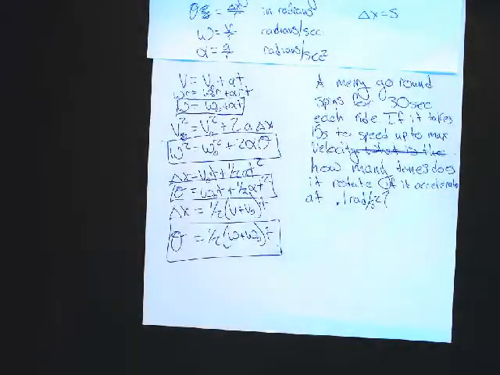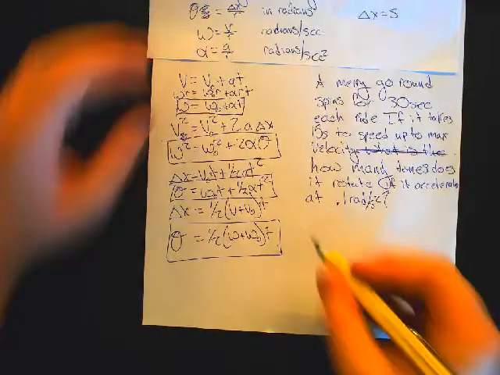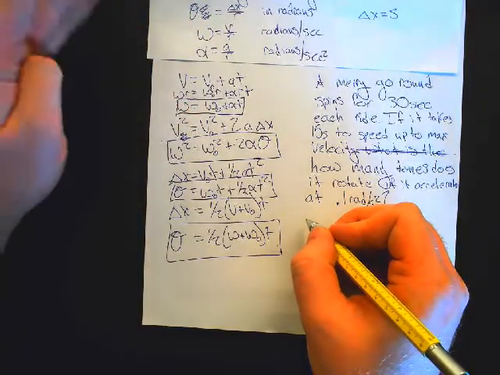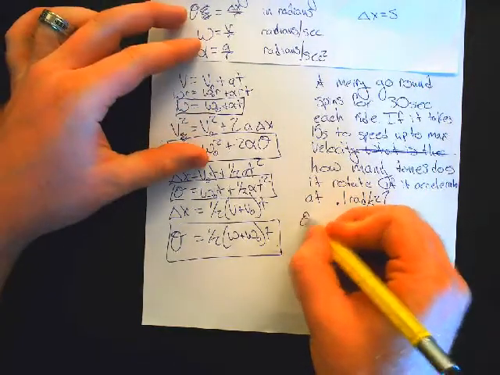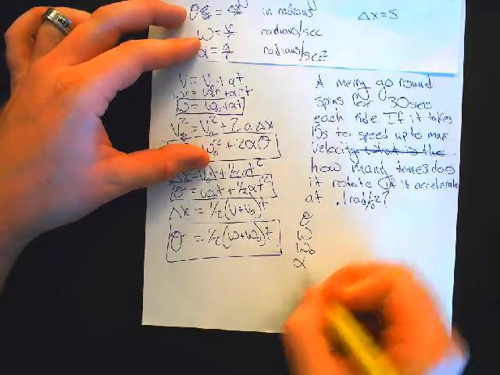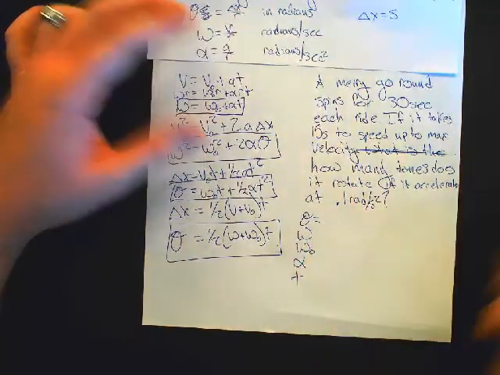Okay? This is really just the same as solving a one-dimensional kinematic problem. I just need to list out my variables, convert if necessary, pick an equation, solve. So whereas I used to write delta x, v, v naught, a and t, I'm now going to write theta, omega, omega naught, alpha, t. Theta, we're trying to find that.